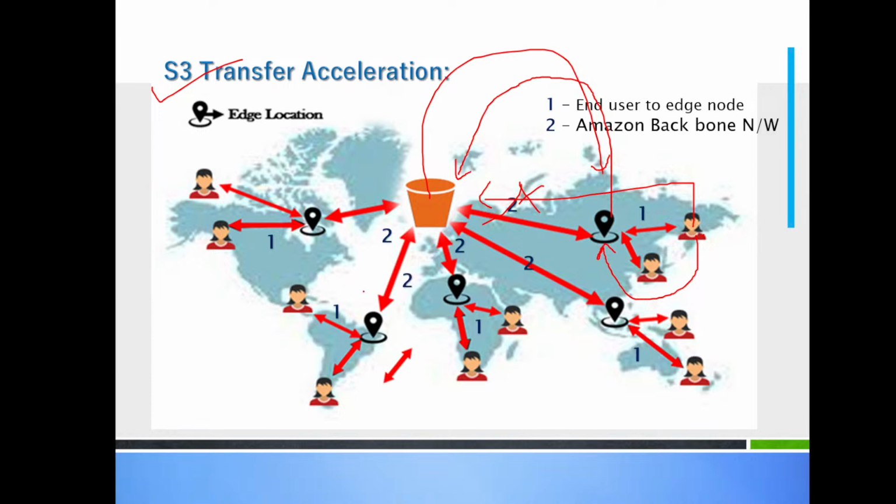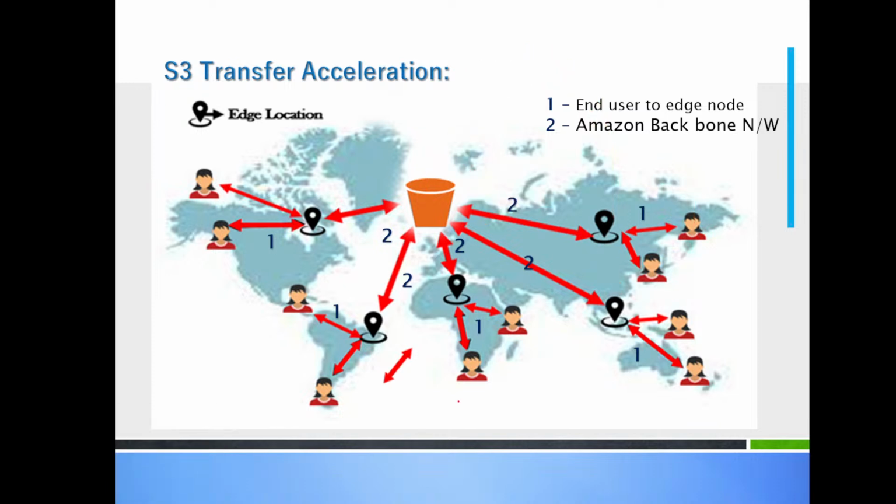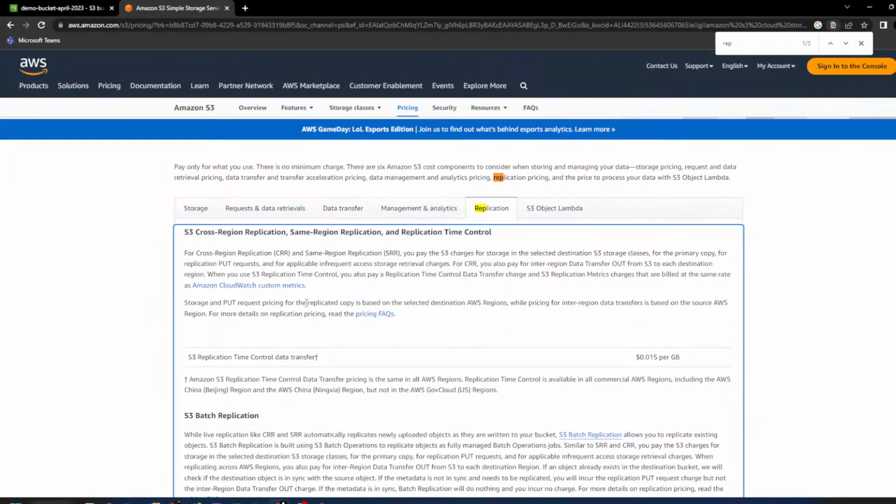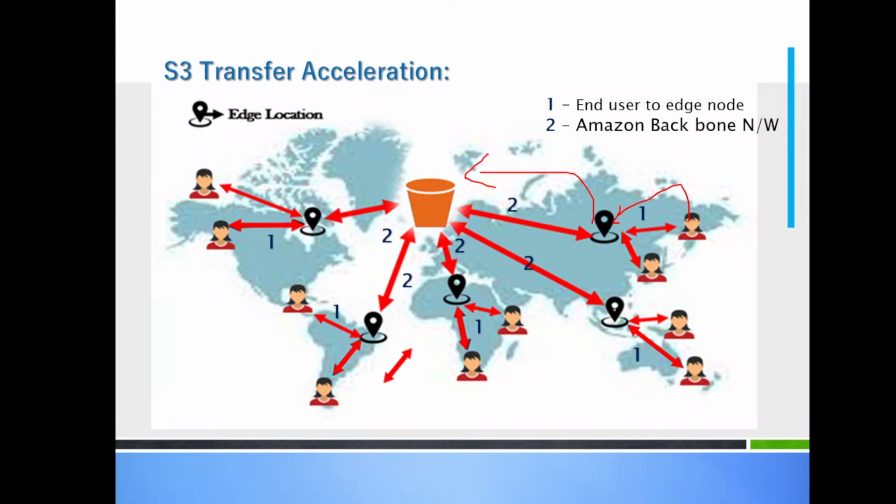Okay, so you can see the S3 backbone. You upload the data to a nearby edge location and it will be copied to S3 via Amazon. Now, again, this is a chargeable service. And how do you know in which region you will get the benefit? Let's say you are in India and your bucket is also in India.